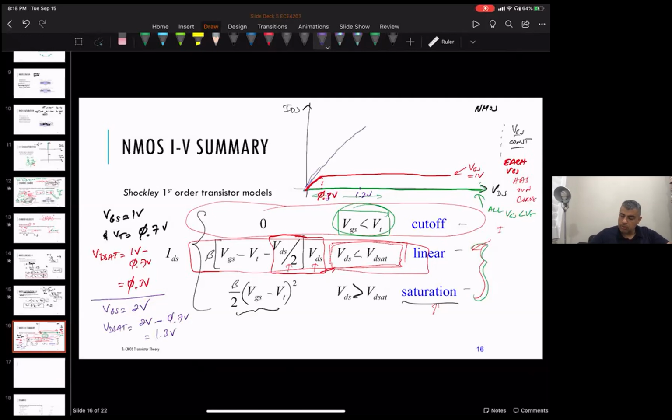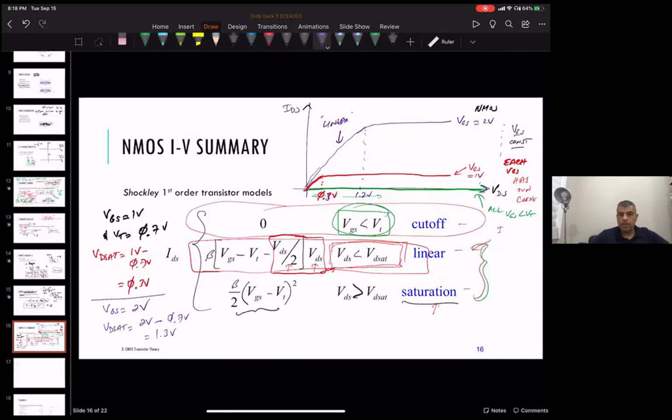You're in this quote unquote linear mode up until you hit this VDSAT value, and then you flatten it. So this is for VGS equal to 2 volts. You're holding the gate source voltage constant and basically adjusting VDS. Okay, so that's the family of curves and what they look like.